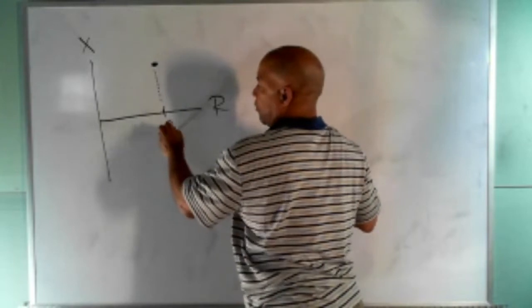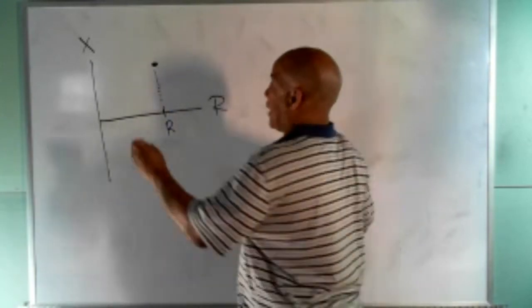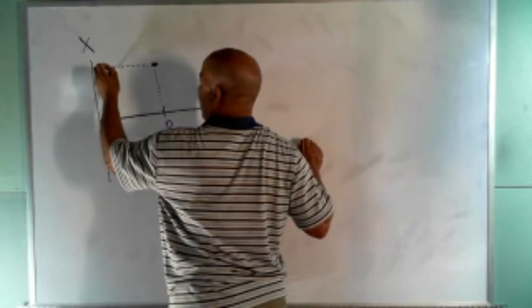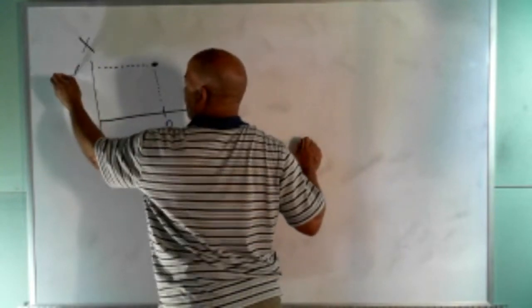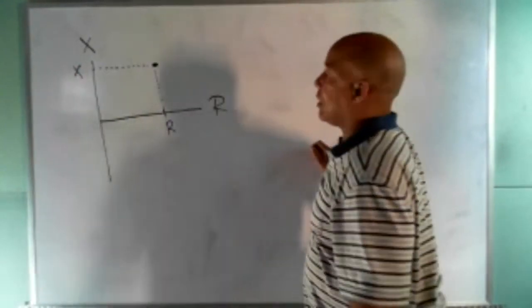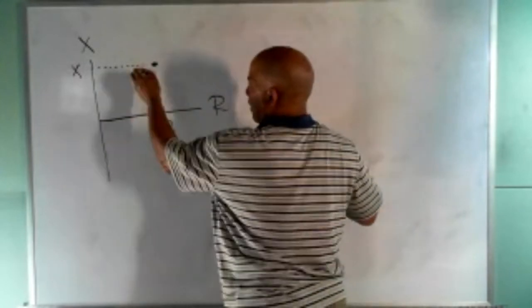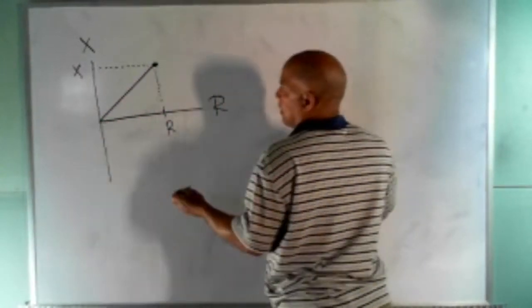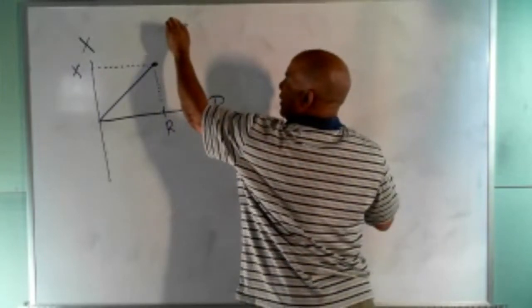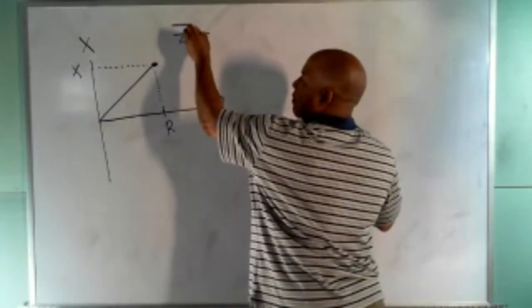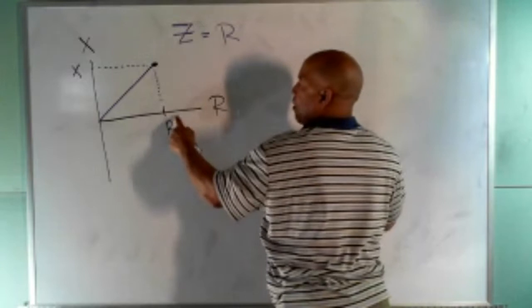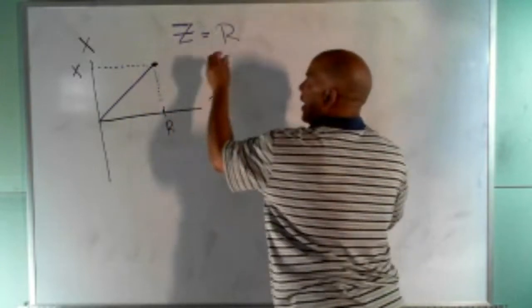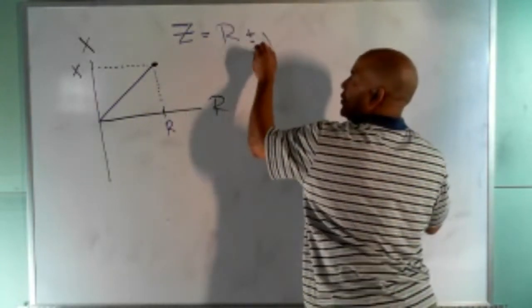What I get right here is a certain amount of resistance. What I get right here is a certain amount of reactance. And if I draw the diagonal to the origin, that is the impedance. Z equals R, go over R units, and go up or down, plus or minus jX.